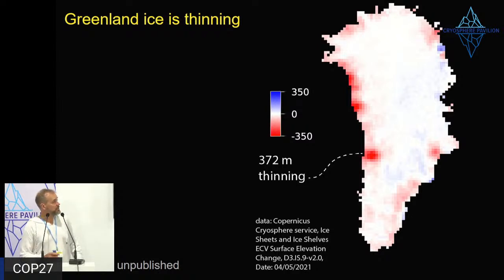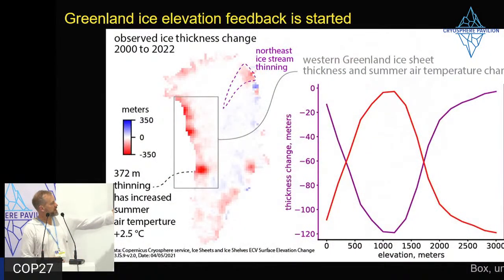The main thinning is at tidewater glaciers, and this thinning into warmer parts of the atmosphere corresponds with an additional air temperature increase of up to 2.5 Celsius at the 370 meters of thinning. So we can conclude that the elevation feedback has started because there already is impressive thinning.